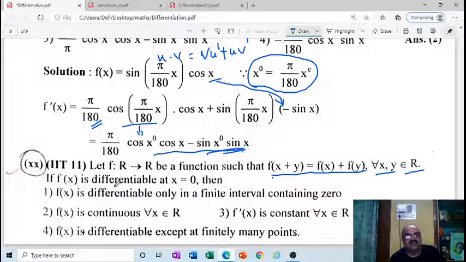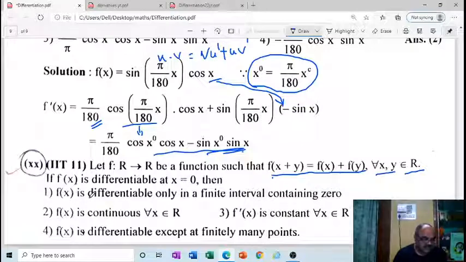If f of x is differentiable at x equal to 0, then you need to find what is true amongst the four. Look at all the four possibilities that are given to you.